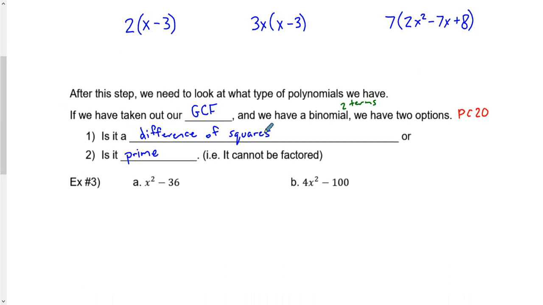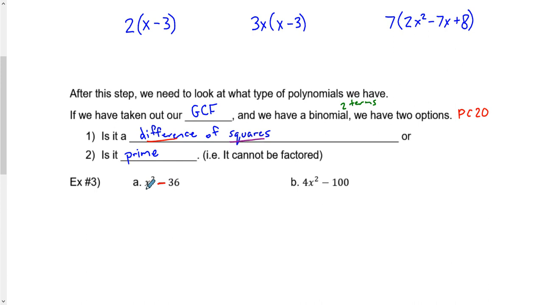So if you have a difference of squares, let's look at what the key terms are in there. Difference and squares. Well, difference means subtraction. A square means it would have to be a perfect square. If we look into this question, we see that yes, there is indeed a difference.